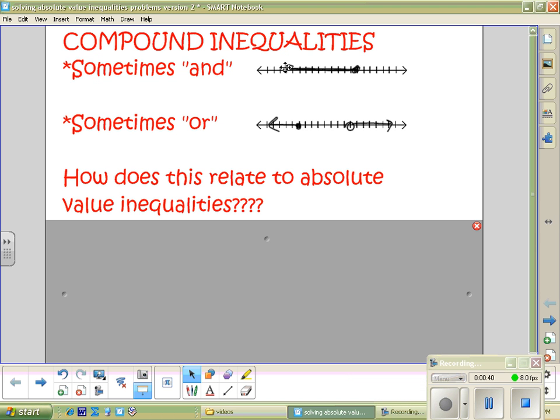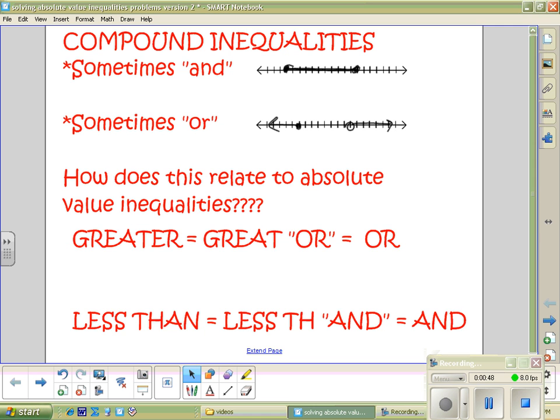Well, we're actually going to use this information with the absolute value inequalities. How are we going to do this? Let's take a look at, it's pretty cute here. When you have a greater than inequality symbol, you can think of "greater." That is going to be an "or" inequality.